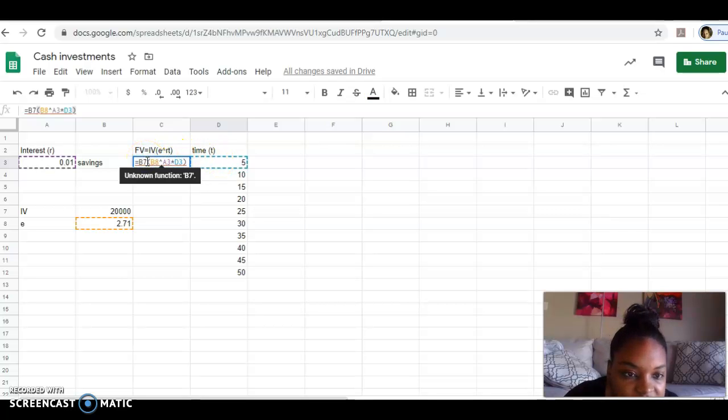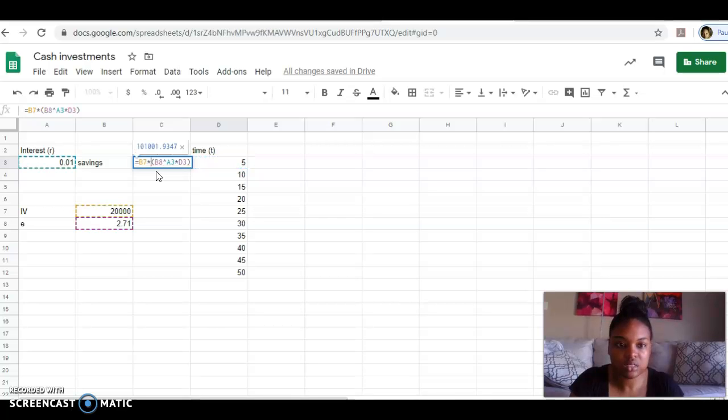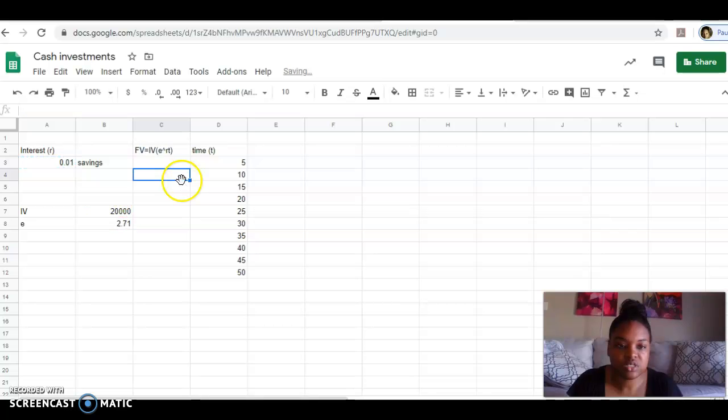Next, actually, one last thing that I left out. I want to put a multiplication sign between the IV and the parentheses. So that's the B7 and the parentheses here. So Shift 8 to put another multiplication sign. Then press enter.